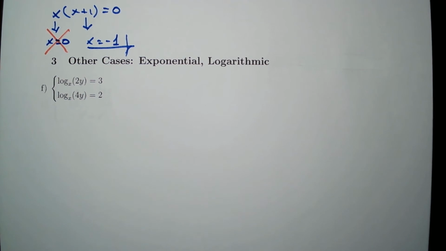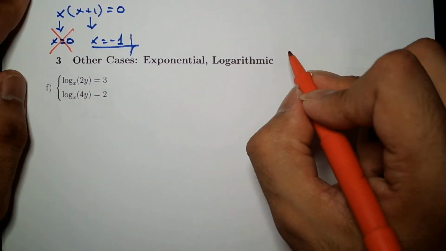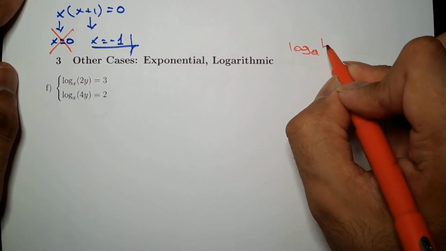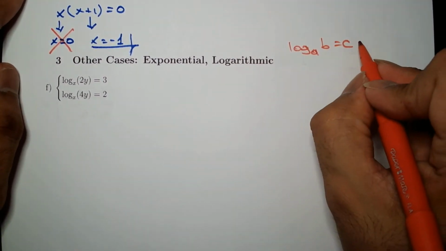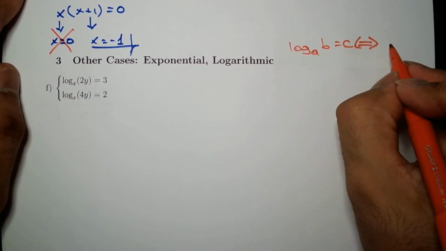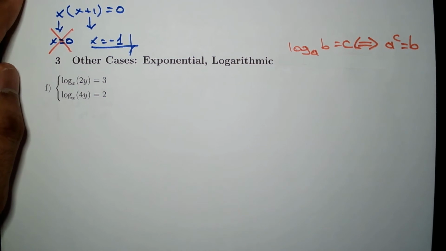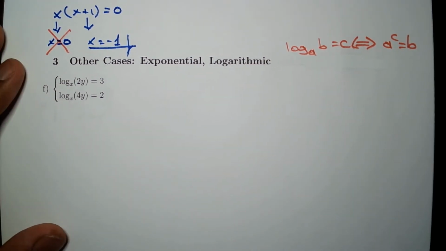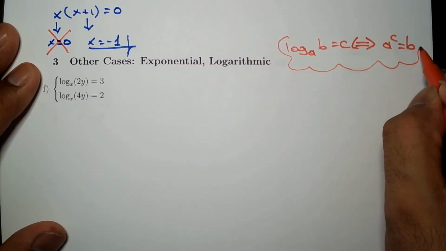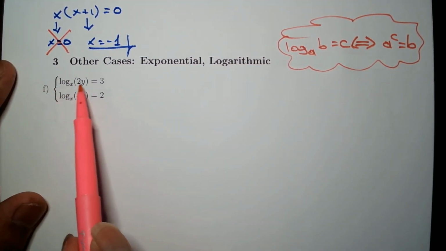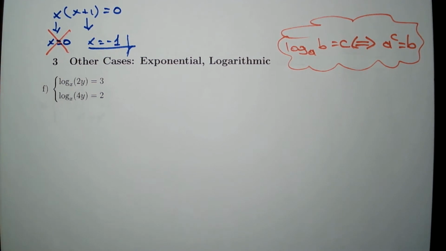So recall, number one, that the definition of log base a of b equals c means that a to the c equals b. Right? So that's the definition that we are going to use for most of these equations, or in other words, raise both sides by the base x, that's the other way to get this done.